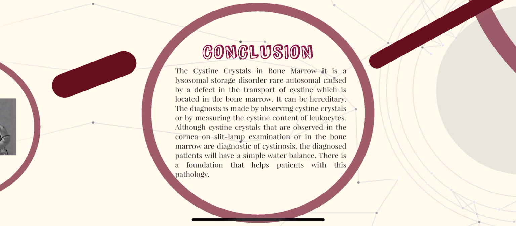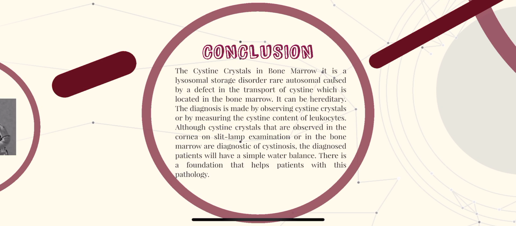Conclusion. Cystinosis crystals in bone marrow. It is a rare, autosomal lysosomal storage disorder caused by a defect in the transport system. It can be hereditary. The diagnosis is made by observing cystine crystals or by measuring the cystine content of leukocytes.